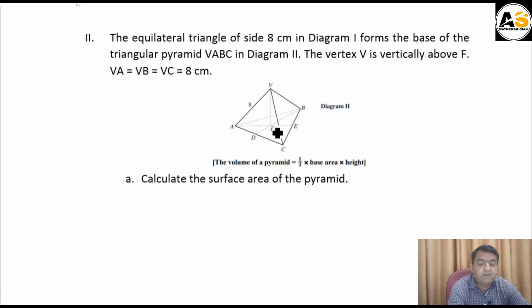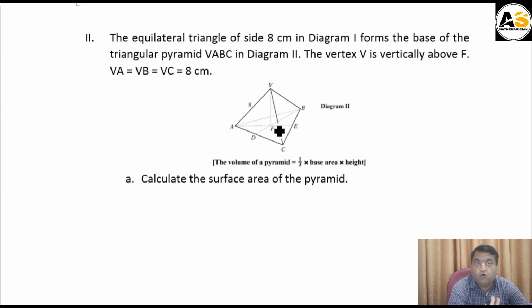This AF we have calculated as 4.62. The vertex V is vertically above F. F is the center and V is above F. VA, VB and VC are all 8. So this means all four faces are equilateral triangles of side 8 centimeters. We have to calculate the surface area of the pyramid.